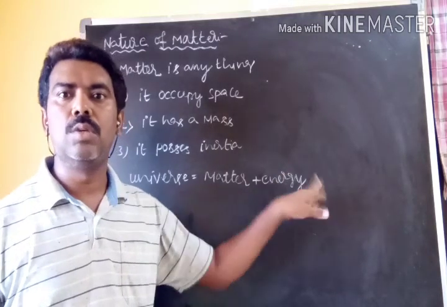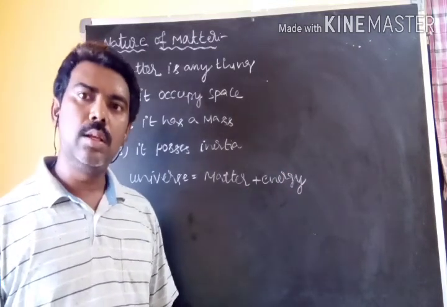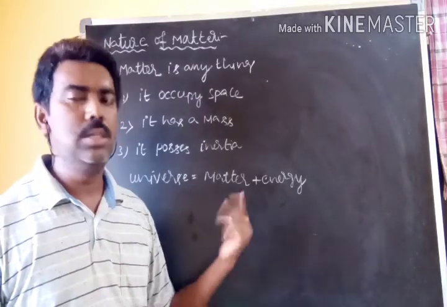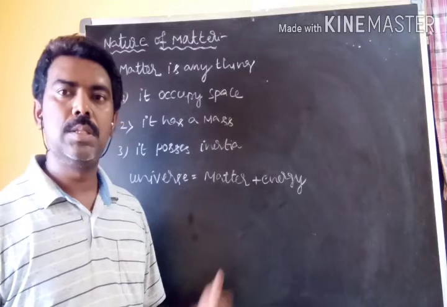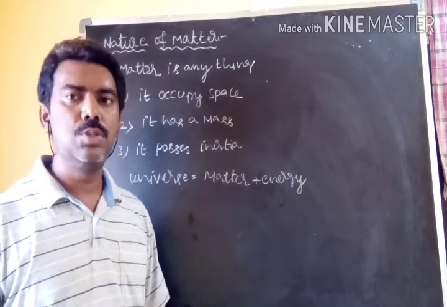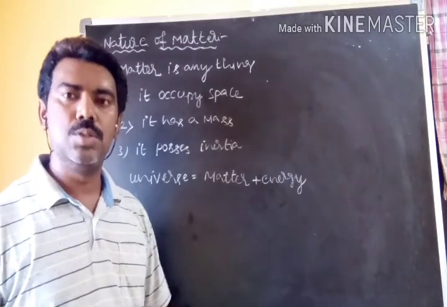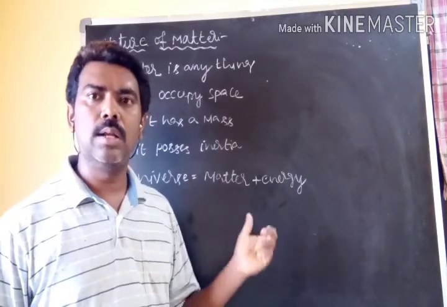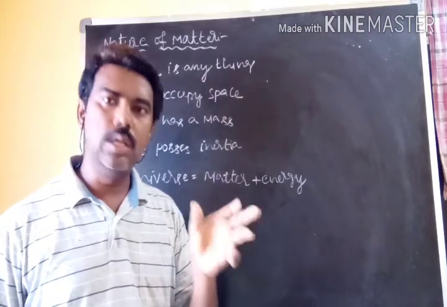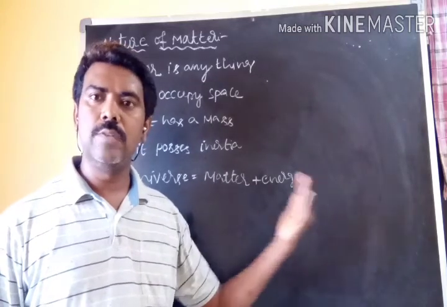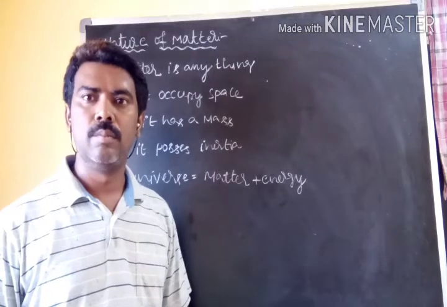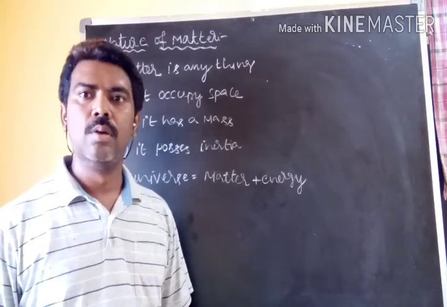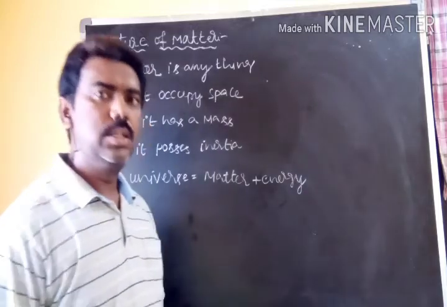That means matter is converted into energy, which we can clearly observe and record. The reverse, the conversion of energy to matter, is also possible, but we cannot observe it. The conversion of matter to energy we can clearly observe, but the conversion of energy to matter we cannot see.